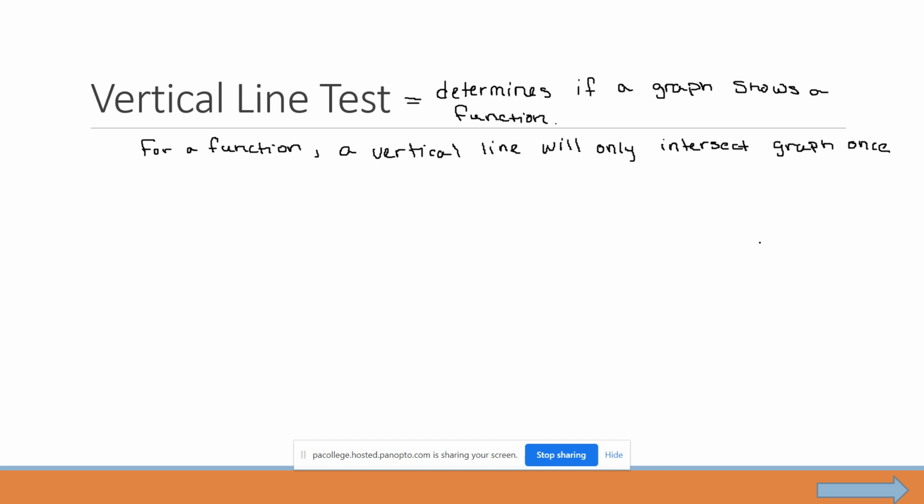So if it's not a function, then the vertical line could intersect the graph, say, twice. So let's look at this in practice.